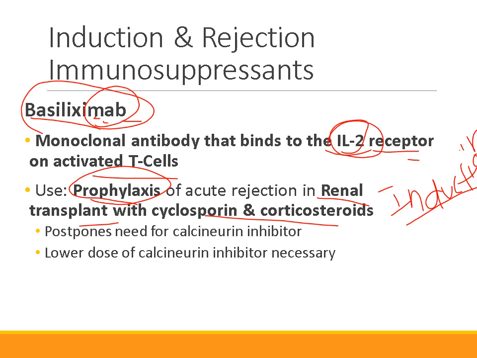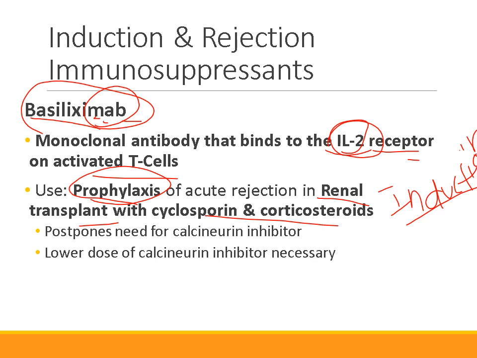The reason it would not be used to treat rejection is because if rejection is occurring, the T cells have already proliferated, right? You already have all of these T cells that are attacking the transplant. So it wouldn't do any good to prevent proliferation because proliferation has already occurred.